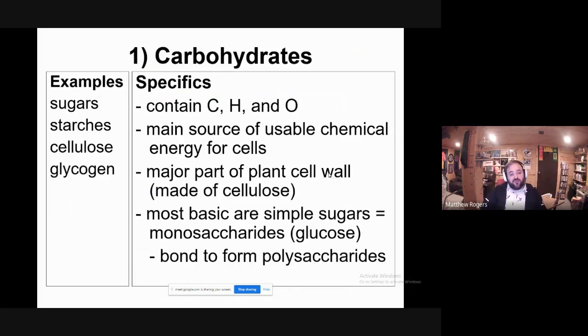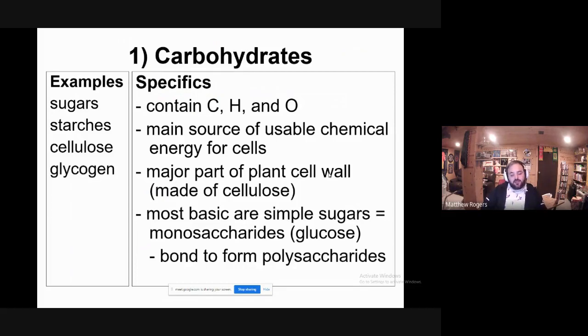If I use the common factor there, which is 6, and I divide it down, it becomes CH2O. C6H12O6 divided by 6 is CH2O. All carbohydrates have that kind of breakdown, and they're all going to be broken down easily into carbon water.